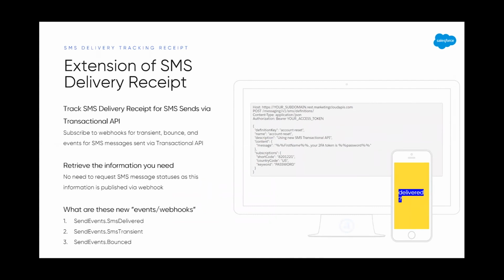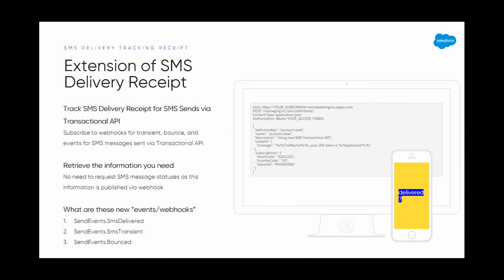For this release, developers can now subscribe to webhooks for transient, bounce, and delivery events when sending SMS messages via transactional API. The ENS webhook service native to transactional API sends SMS delivery information as soon as the service receives it.